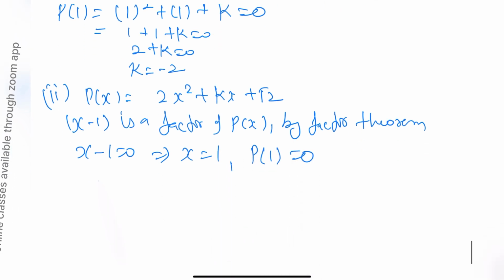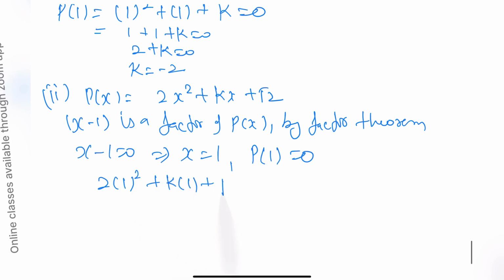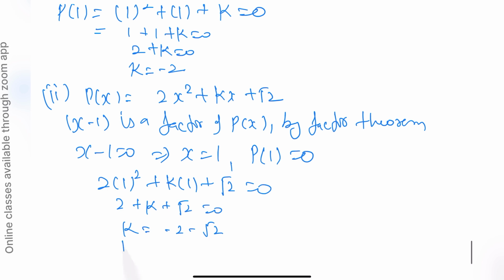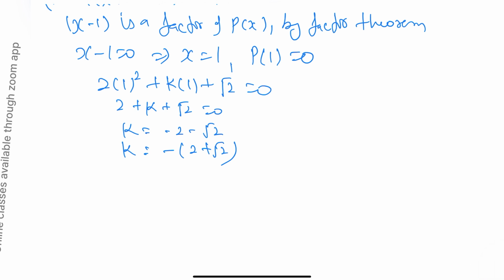That means p of 1 should be 0. So 2 into 1 square plus k into 1 plus root 2 is equal to 0. So 2 plus k plus root 2 is equal to 0. k is equal to minus 2 minus root 2. Taking minus sign common, it becomes 2 plus root 2. So the value of k should be minus of 2 plus root 2.